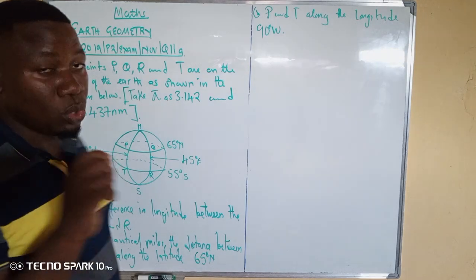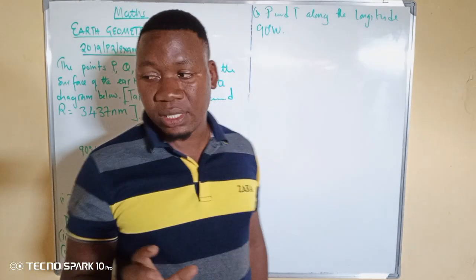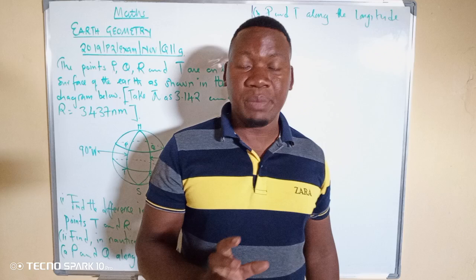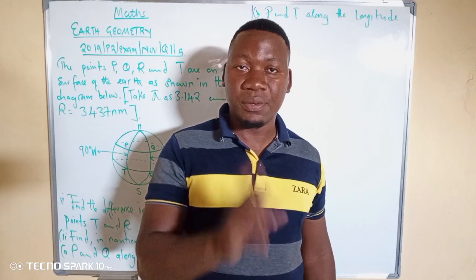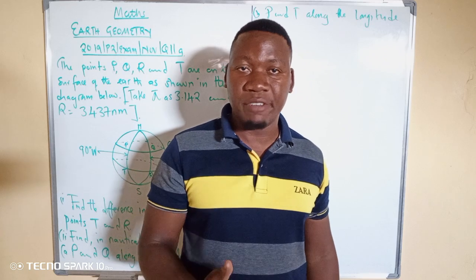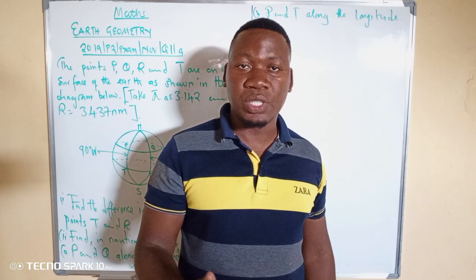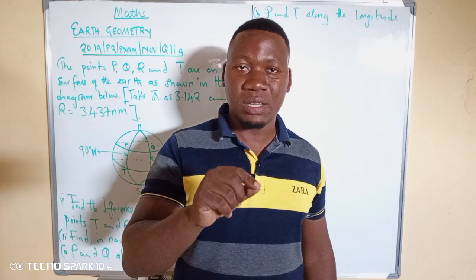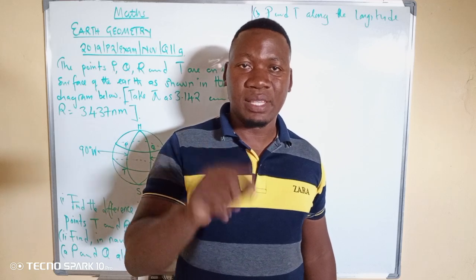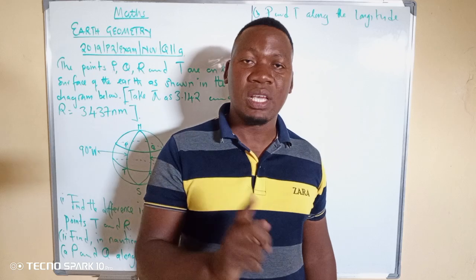There's one thing that you should always understand about the radius. Sometimes the radius can be given in kilometers, which is 6370, and sometimes it can be given to you in nautical miles, which is 3437. It is the examiners themselves who choose which radius they will give you.